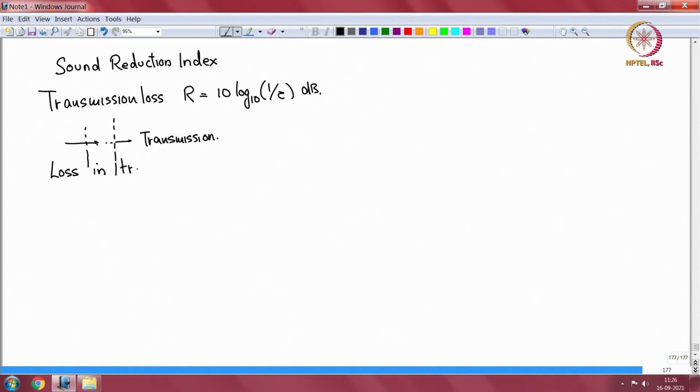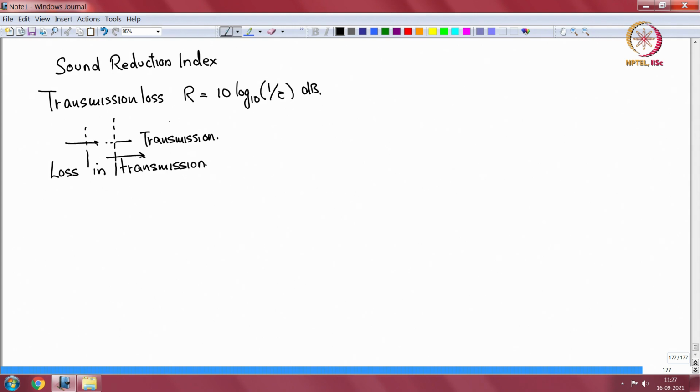If transmission loss is high, that means very little got transmitted across the partition.